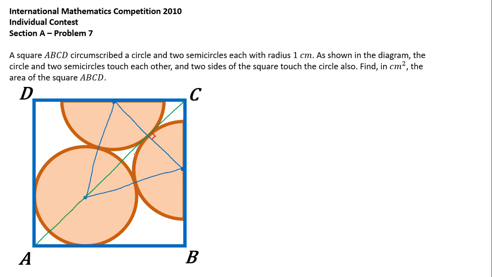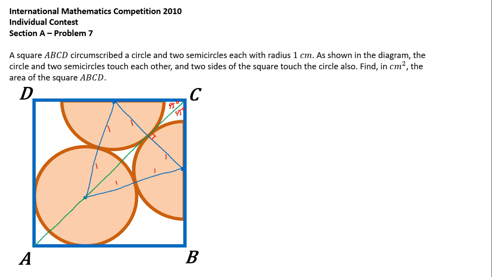Another is that the diagonal divides angle C into two congruent angles. So this one here is 45 degrees. This one here is also 45 degrees. Okay. Let's label also the radius. So this is 1, 1, 1, 1, and 1.